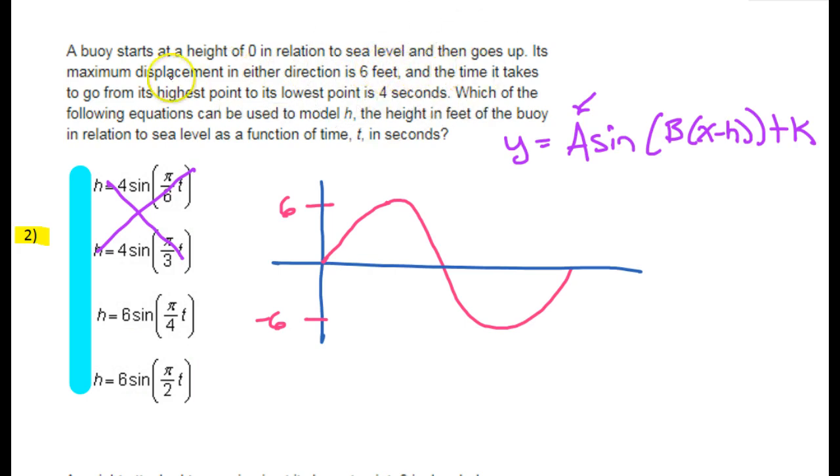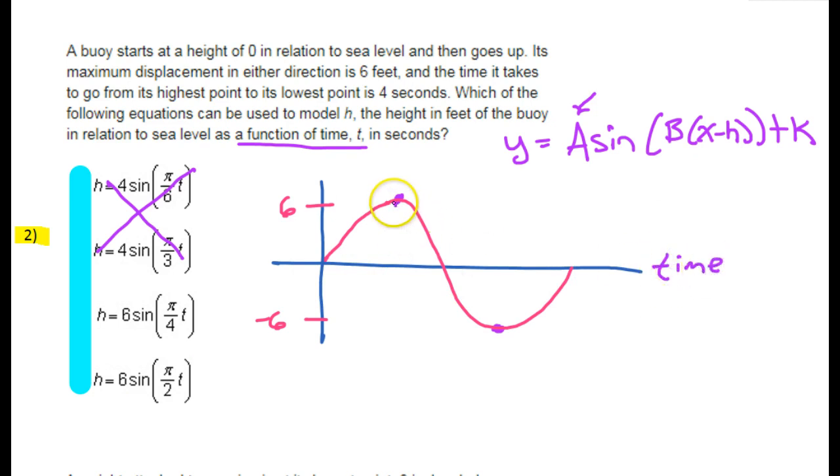The time it takes to go from its highest point to its lowest point is 4 seconds. So this is its highest point, and this is its lowest point. We're talking about a function of time, which means the x-axis is time.